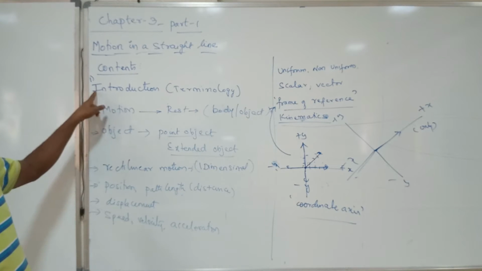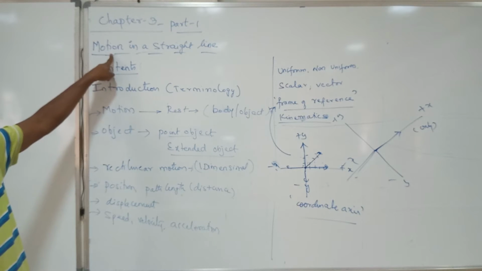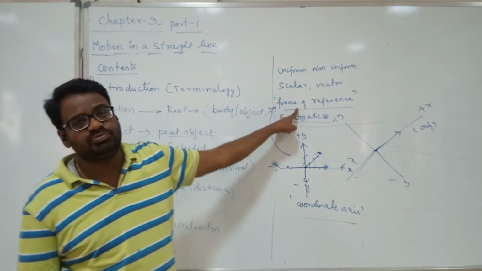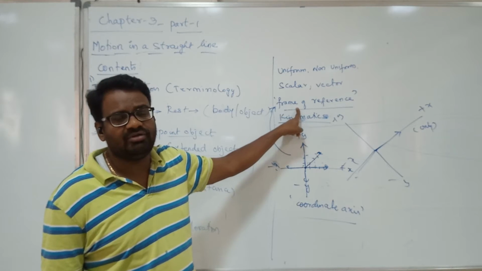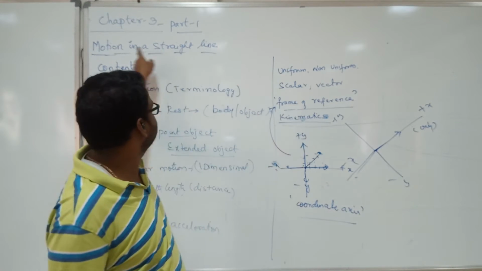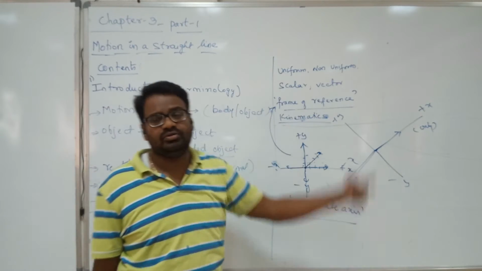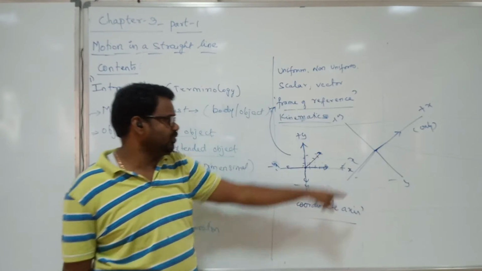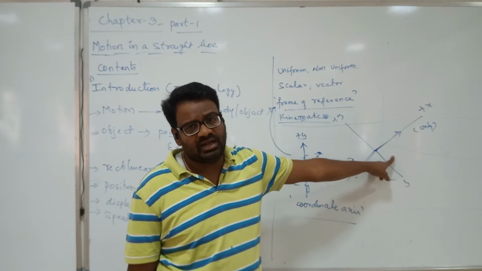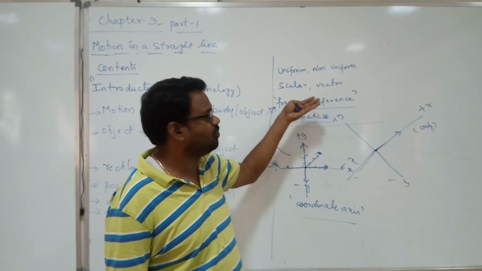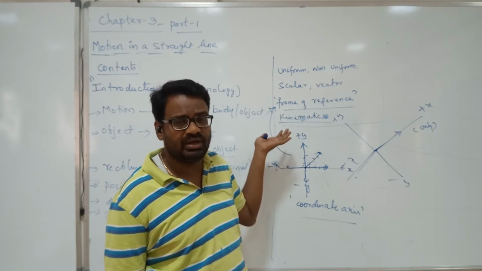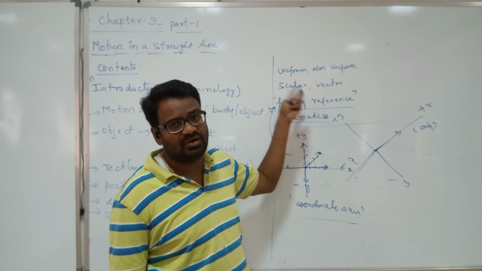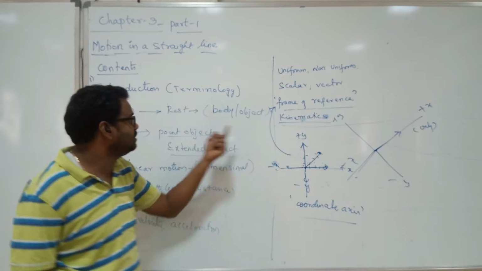In order to understand the concept of change in position, there must always be a frame of reference. Without the concept of frame of reference, you cannot specify how the object is moving. Frame of reference is purely an imaginary coordinate axis, which is assumed to be present at the point where the object is about to change position. It is of two kinds, either a rest position or a moving one.